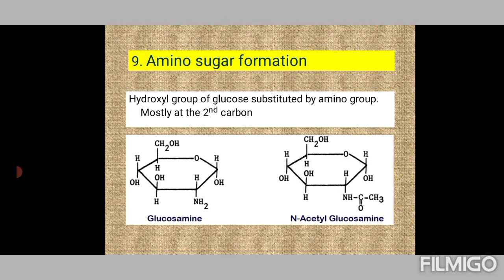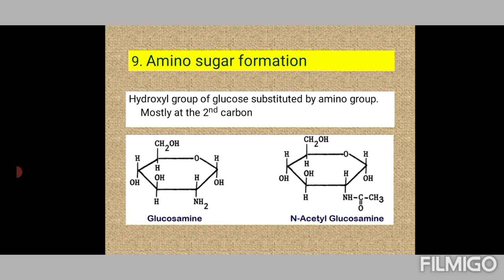N-acetylglucosamine as well as glucosamine are formed by substitution of the 2nd OH group with amide or amino groups. Actually, more than 60 amino sugars are known, one of the most abundant being N-acetyl D-glucosamine, which is the main component of chitin. Now, chitin is the 2nd most abundant polysaccharide in nature, which comes behind cellulose only, and chitin is a long chain polymer of N-acetyl glucosamine.